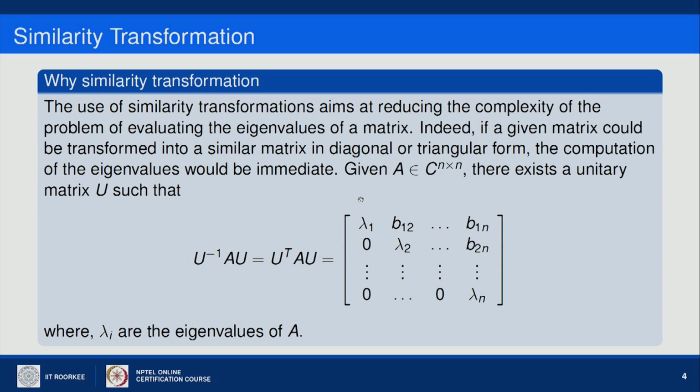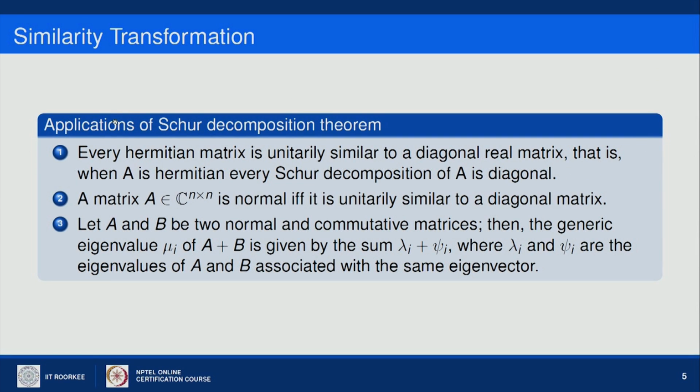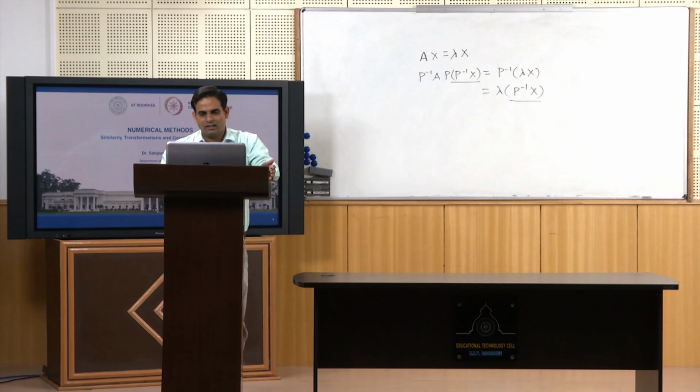This result, that for a given matrix A there exists a unitary matrix U such that this holds, is called Schur's lemma. There are several applications of this Schur decomposition lemma. Every Hermitian matrix is unitarily similar to a real diagonal matrix, and hence Hermitian matrices have real eigenvalues, because on the diagonal we have real entries.